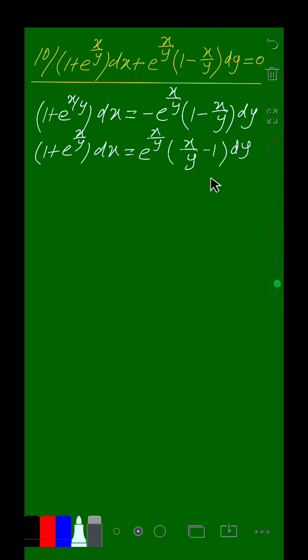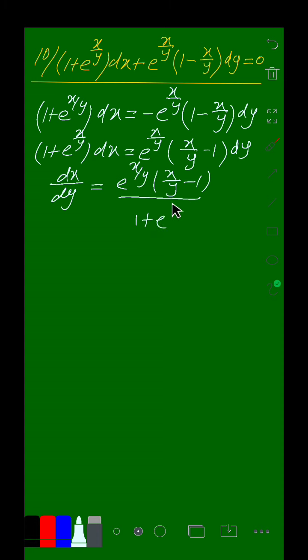Now transposing dy to this side and 1 plus e raised to the power x upon y to the right hand side, we get dx upon dy is equal to (e raised to the power x upon y times (x upon y minus 1)) divided by (1 plus e raised to the power x upon y). Let it be equation number 1.